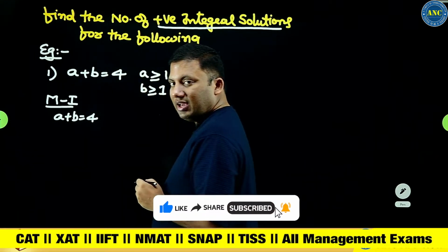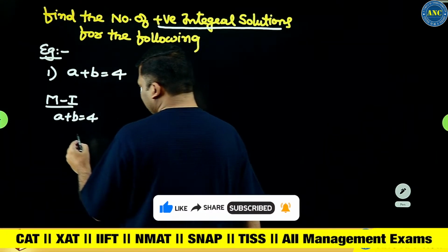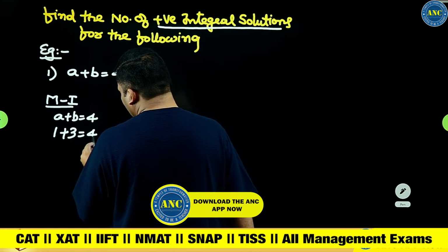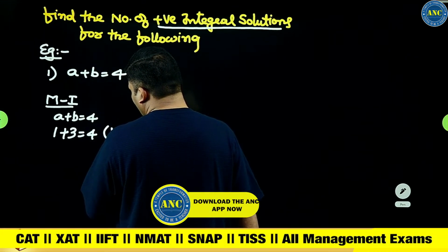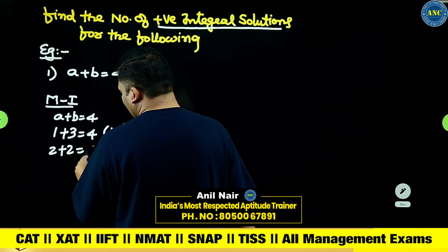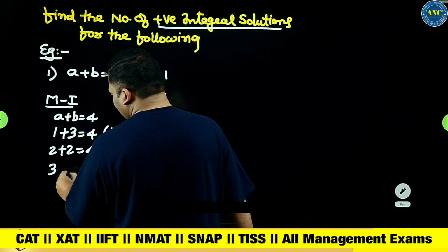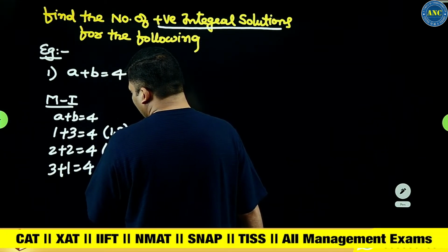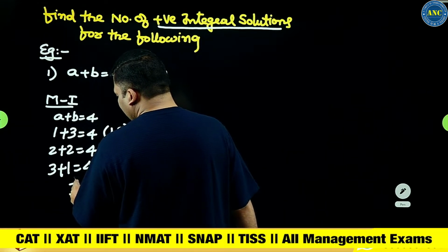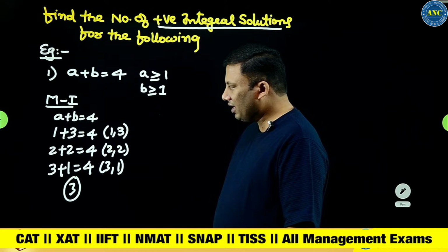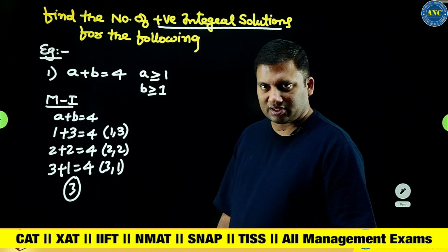Counting. a is starting from 1. 1 plus 3 is equivalent to 4, and 1 and 3 are both positive integers. 2 plus 2 is equivalent to 4. 3 plus 1 is equivalent to 4. Total, how many values did we get for a comma b? 3 values. It is nothing but a counting process.